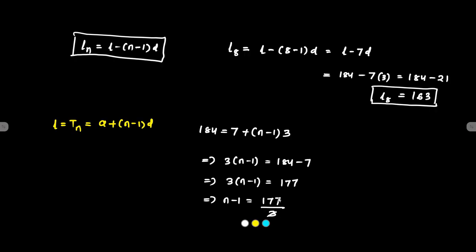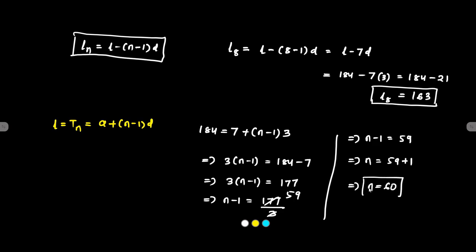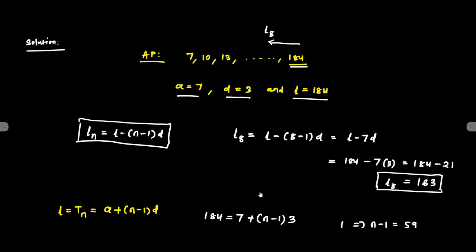So here it will be 59. Okay, so that implies n minus 1 is equal to 59. That implies n is equal to 59 plus 1, so n is equal to 60. So there are a total of 60 terms present in the given arithmetic progression.